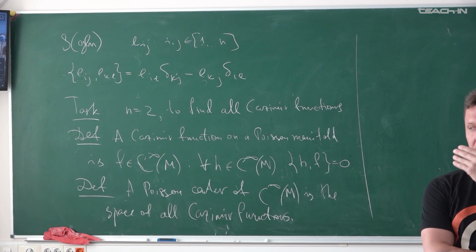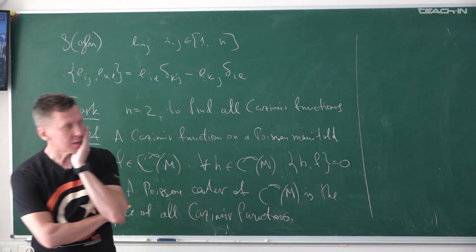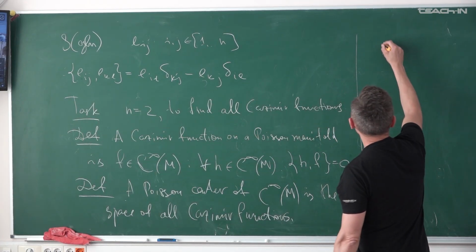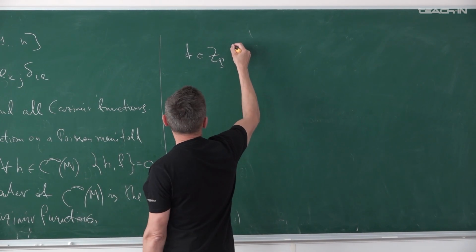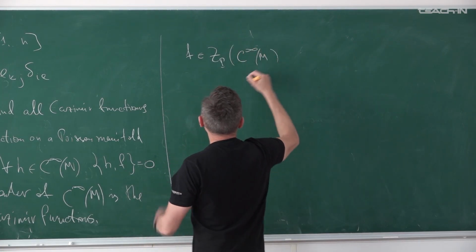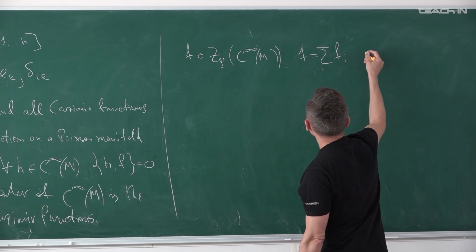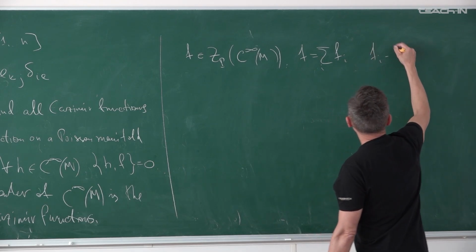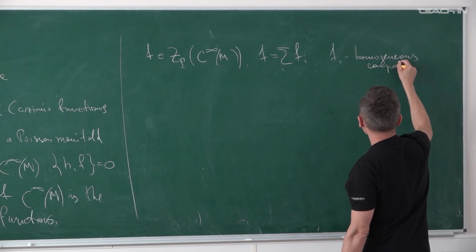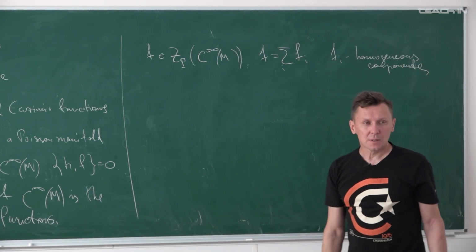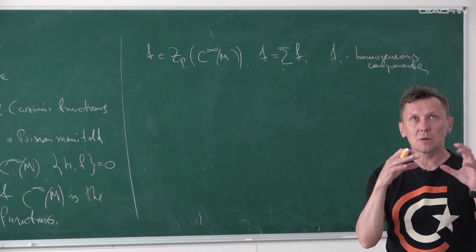A very important observation: if you find a function f in the Poisson center of C^m, and f is the sum of homogeneous components f_i, homogeneous meaning polynomials of the fixed, same degree.